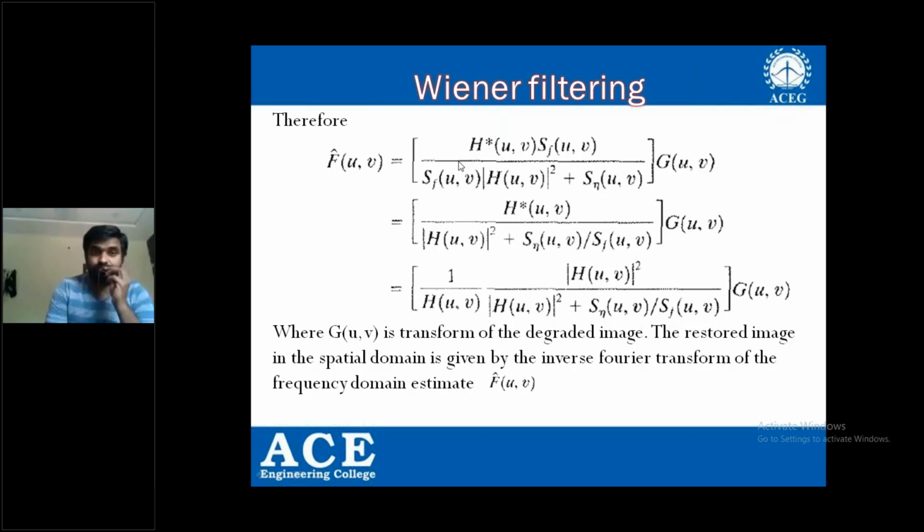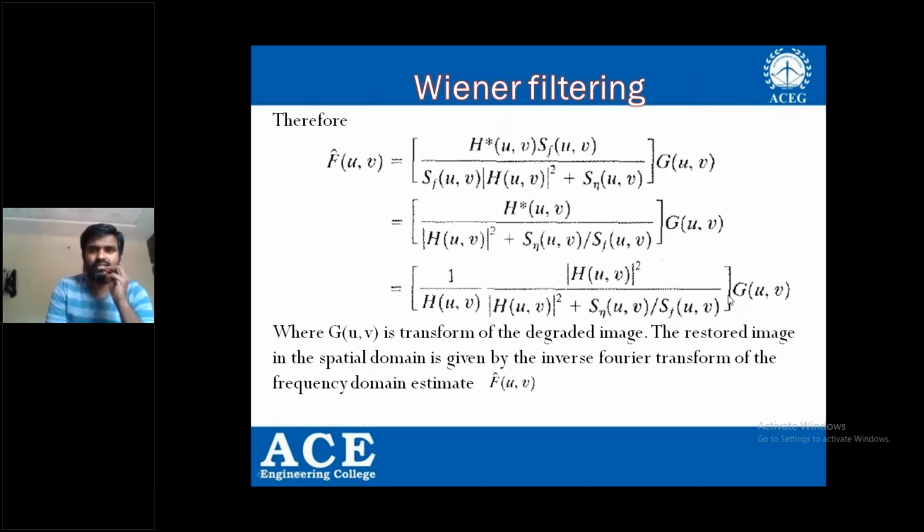So here F cap of u comma v equals H of u comma v, S_f, and S_n or S_eta, and these two are nothing but power spectral densities. Just remember this relation: H of u comma v is the transfer function of the degradation function, and the complex conjugate of this is H star of u comma v. It is the derived relation.